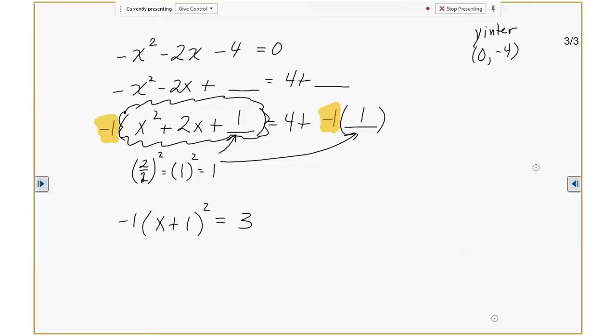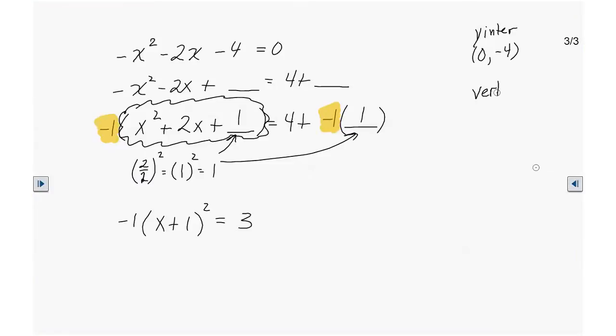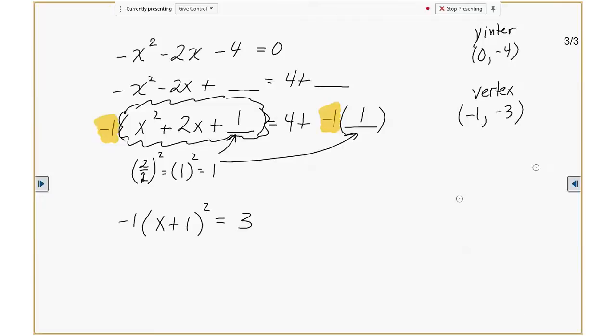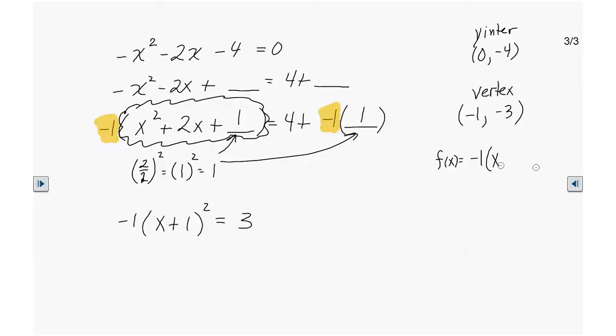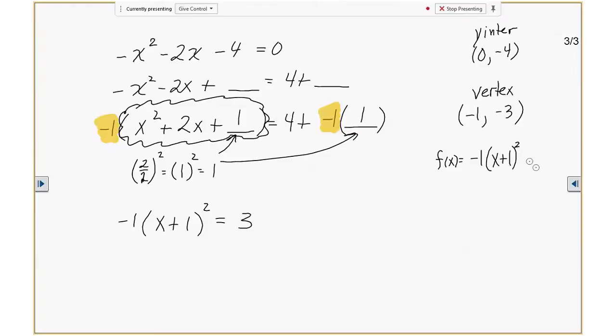Negative 1, negative 3. And let's go ahead and write vertex form down in case they ask for it. f of x is equal to negative 1 times x plus 1 quantity squared minus 3. That's your vertex form if they ask for it.